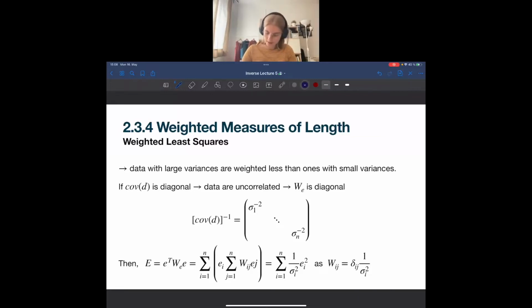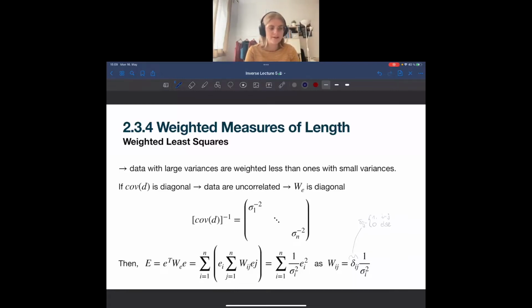I think we discussed it already, but let's shortly recap it. This delta ij here is called the Kronecker delta, and it is 1 if i is equal to j, and it is 0 else. The reason why we have it here is because we say the data is uncorrelated, therefore we have nothing on the off-diagonal elements of the covariance matrix or the inverse, and so those things are just multiplied with 0.